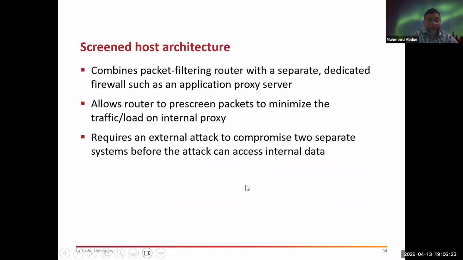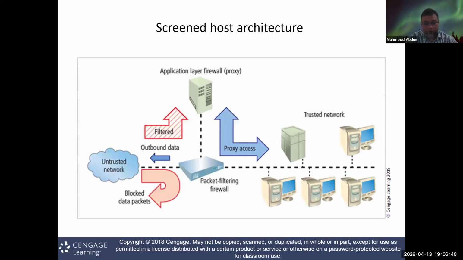The second type of architecture for firewalls is a screened host architecture. It combines both the packet filtering router with a separate dedicated firewall, such as an application proxy server. If I show you the figure, it will be clear. Here, you've got the same packet filtering firewall as the single bastion host that we have shown before.